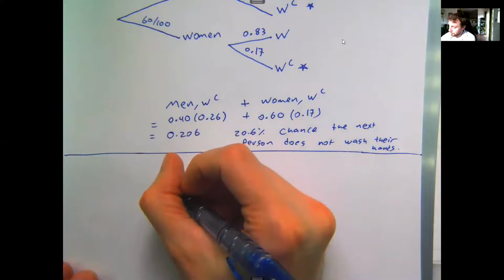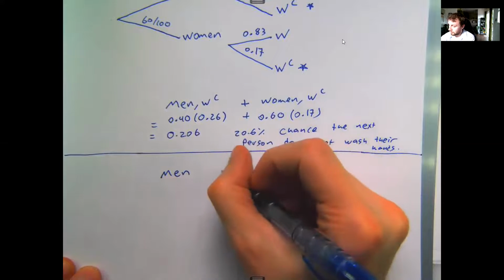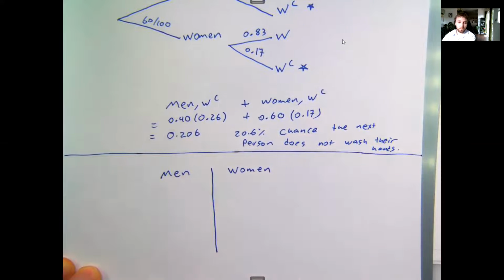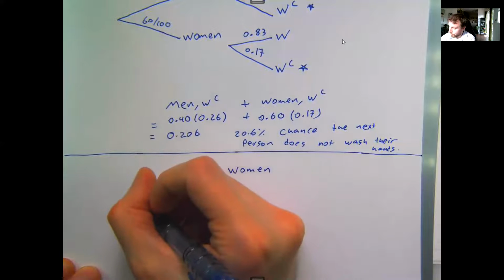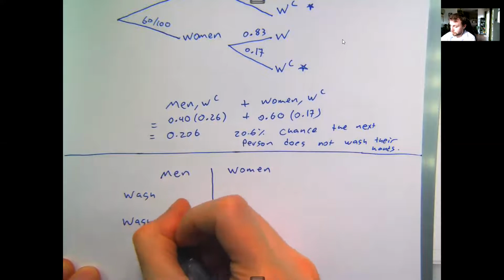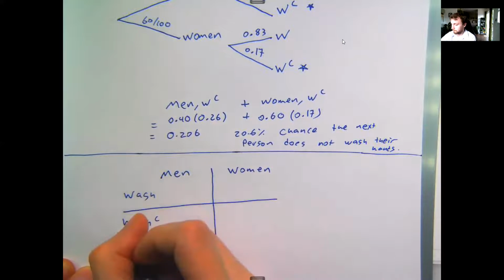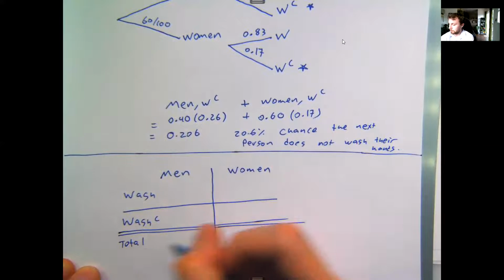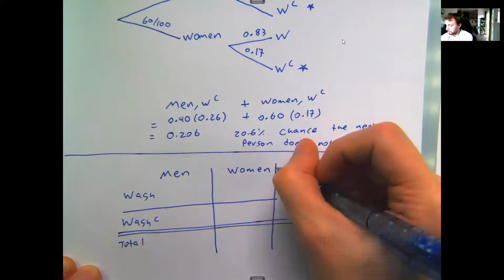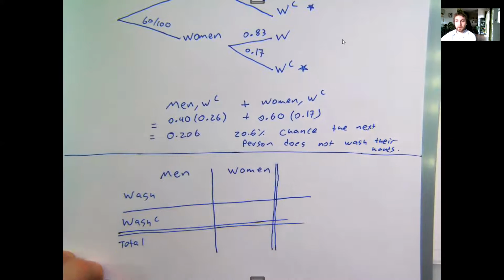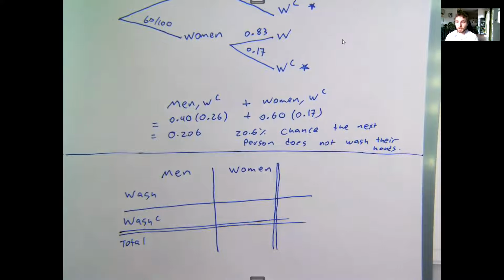I have men and women, and I have wash and don't wash. On the outside, I'm putting totals. And if you had more groups that you wanted to include in your columns, it doesn't have to be 2 by 2. You could have as many columns as you want to this thing.